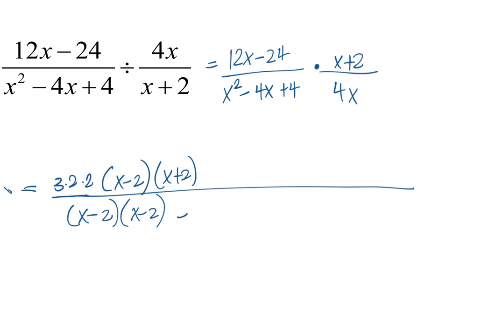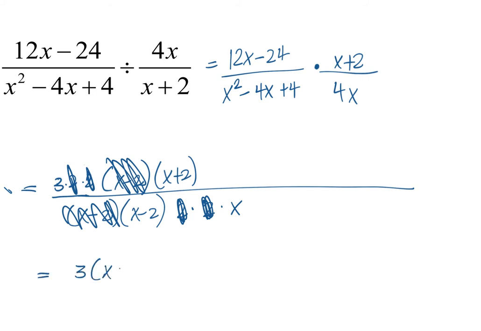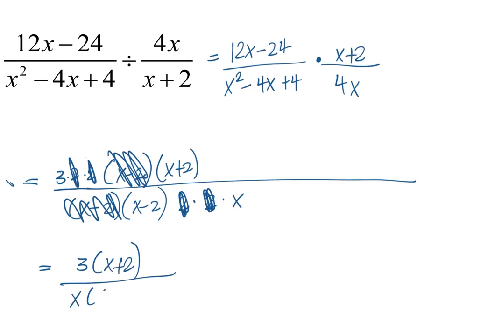Just know that 4 is really 2 times 2. And then you have x. So what repeats? A factor of 2, another factor of 2, a factor of x minus 2. So we are left with 3 times x plus 2 divided by x times x minus 2.